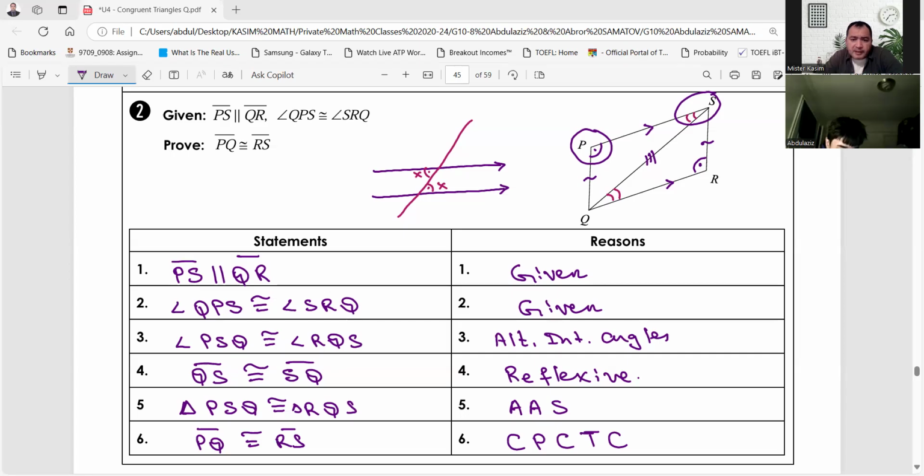DB bisects angle ADC, and AC is equal to CD. Just this.